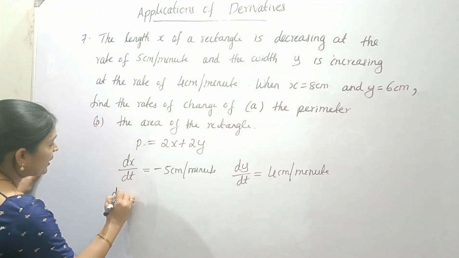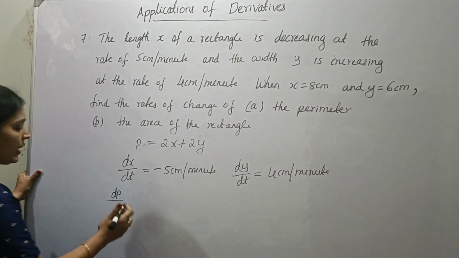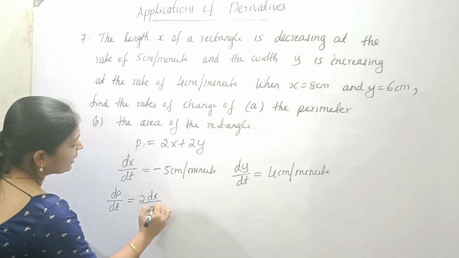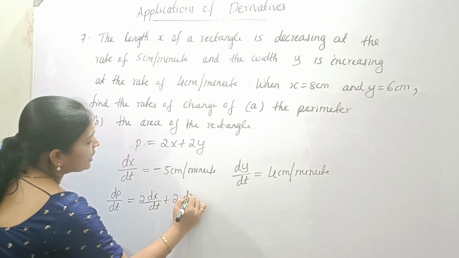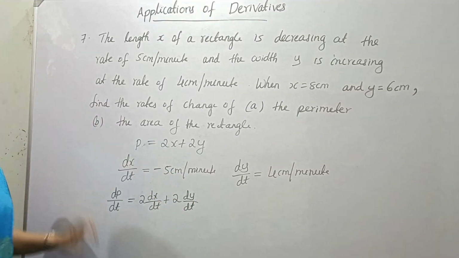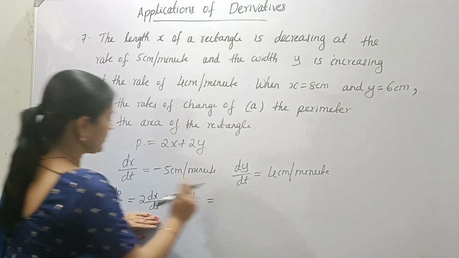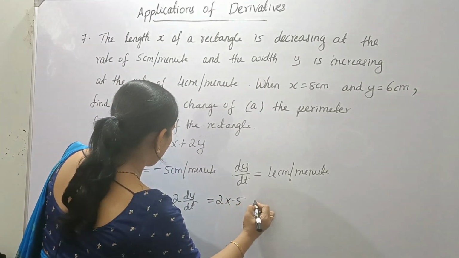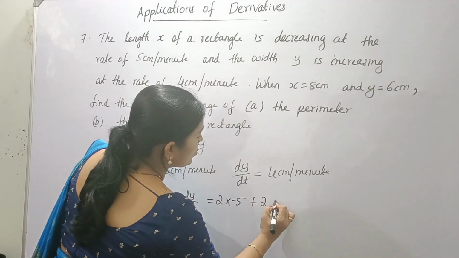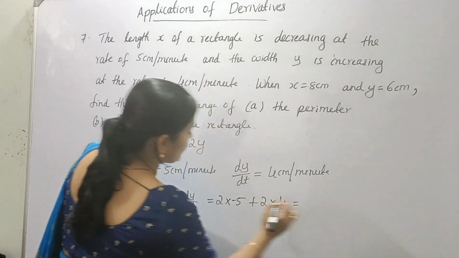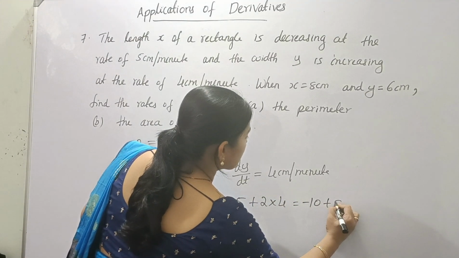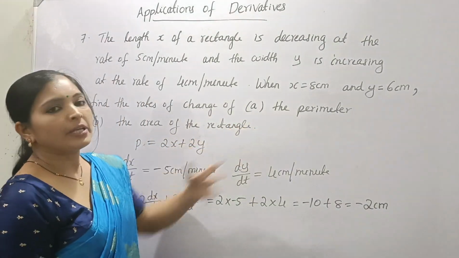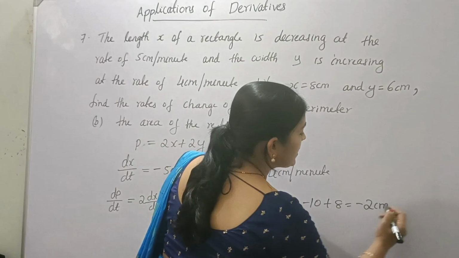Let's differentiate it with respect to t. dP by dt is equal to 2 into dx by dt plus 2 into dy by dt. Substitute: 2 into minus 5 plus 2 into 4, that is minus 10 plus 8, that is minus 2 centimeter per minute. The unit is centimeter itself, not centimeter square.